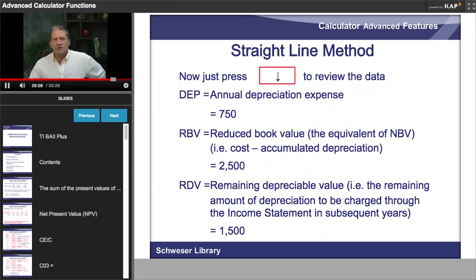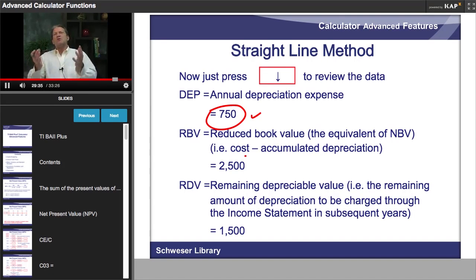So now we look at year 2 and we find the annual depreciation is $750. The reduced book value is the cost minus the accumulated depreciation. Well, after 2 years, since it's straight line, we've had 2 years of $750 a year depreciation.